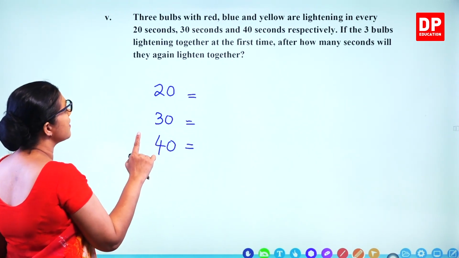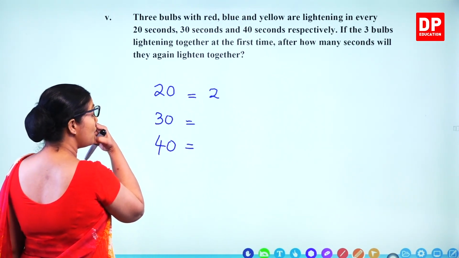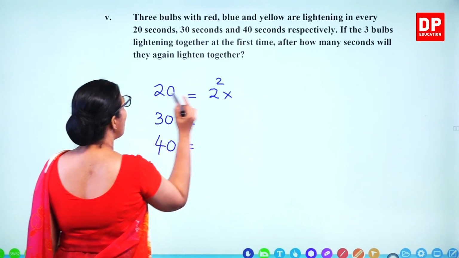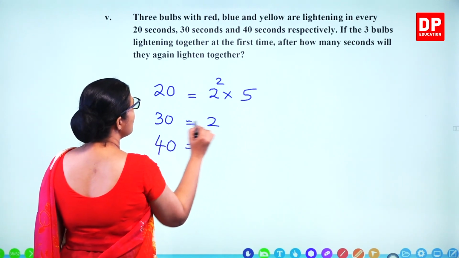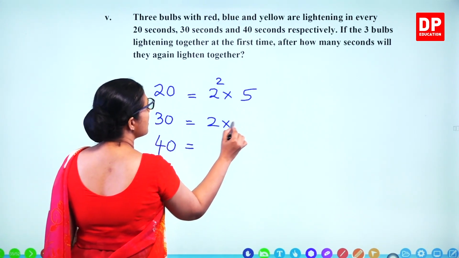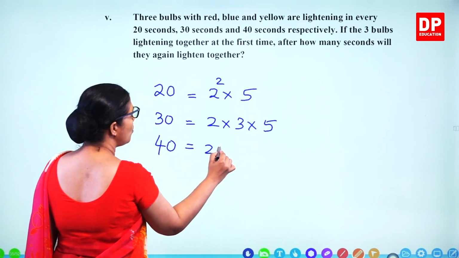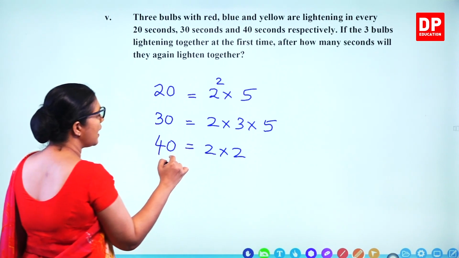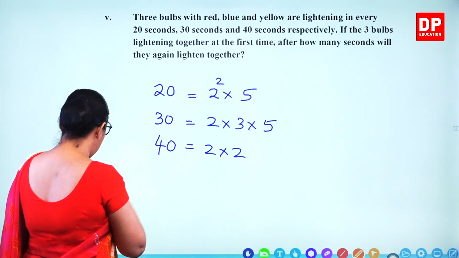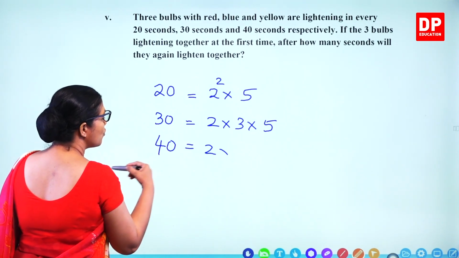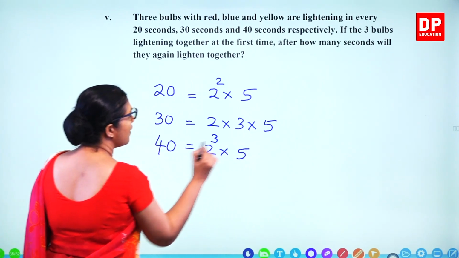These all are in seconds. 20 means 2, then 10, you get 2 times 2, 4, 4 times 5. 30, 2, then you get 15, 3 and 5. 40, divide by 2, you get 20. Divide by 2 again, you get 10. Divide by 2 again, that's 5. So 2 to the power 3, and then you get 5.